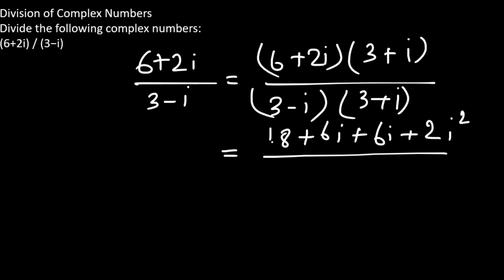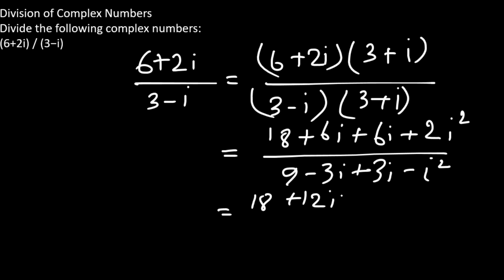Over 3 times 3 equals 9, 3 times i equals minus 3i, plus 3i, and here also minus and plus, so minus times plus equals minus i square. So here we will get 18 plus 12i, and 2i square. It will give me negative 2 because i square equals minus 1.